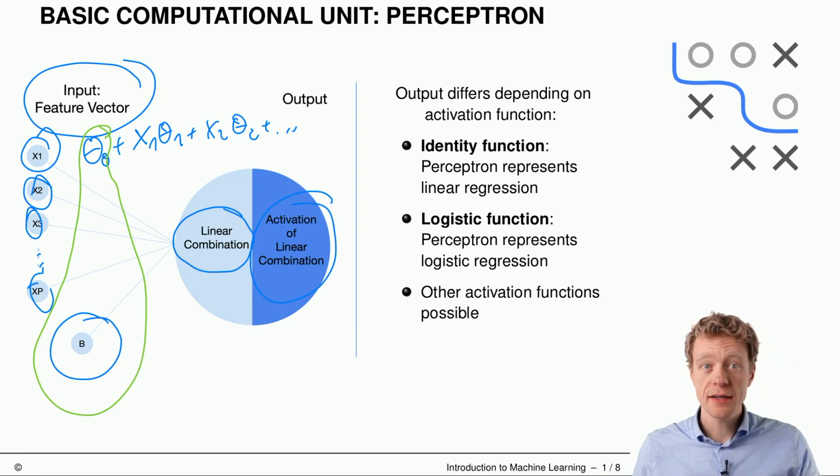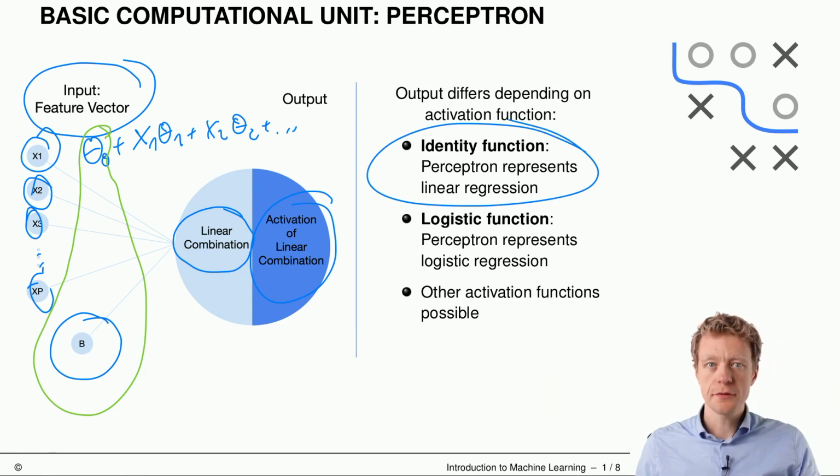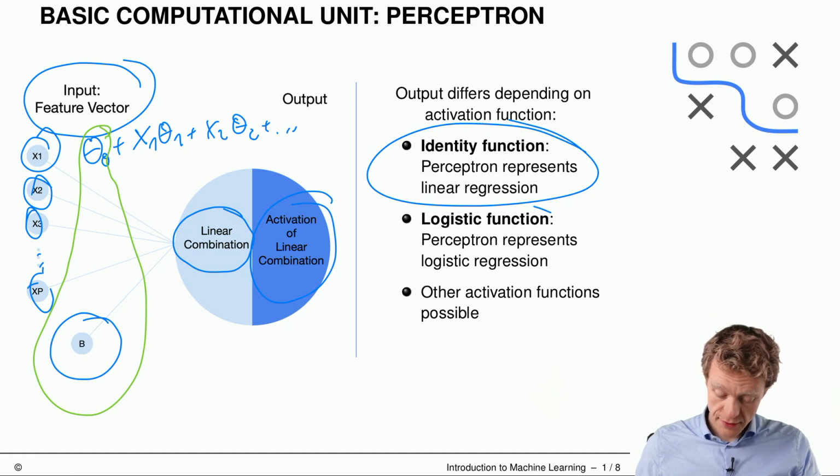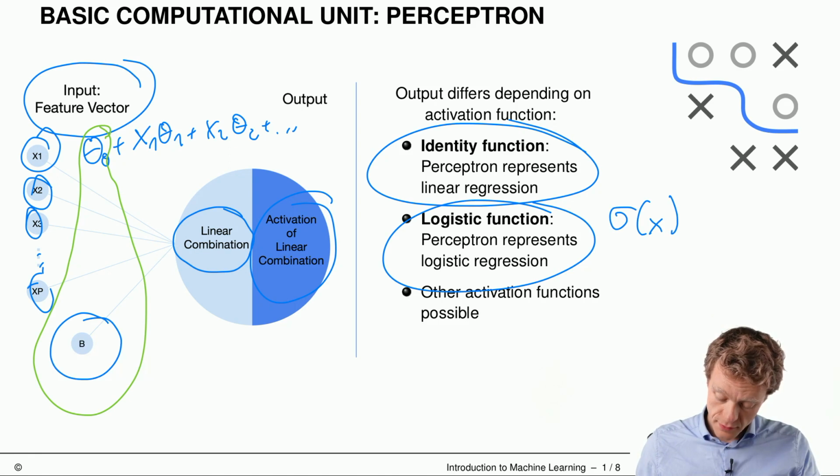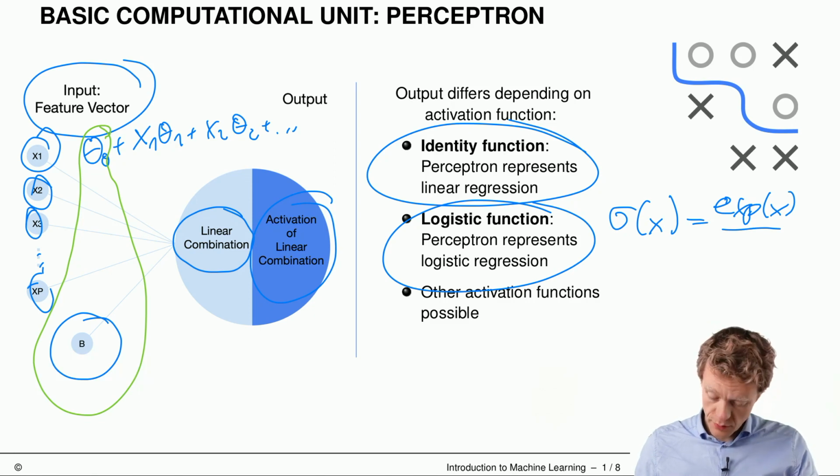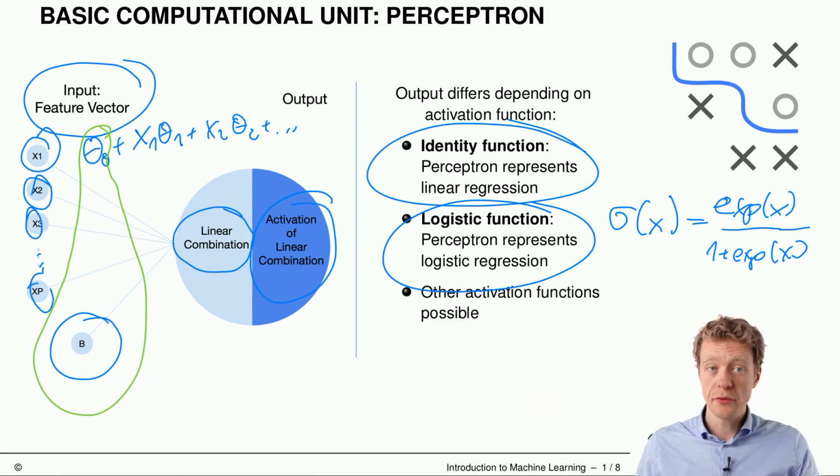This may be the identity, so nothing happens at all, then we still have a usual linear model. That's the first option. The second option is that this activation function is a logistic function. So this sigma of x, which is exp of x divided by 1 plus exp of x, okay, which you know from logistic regression.